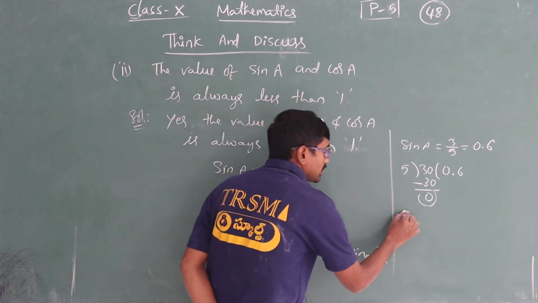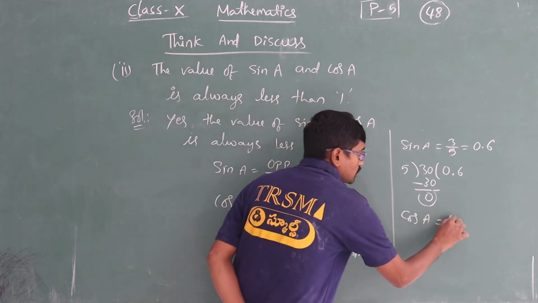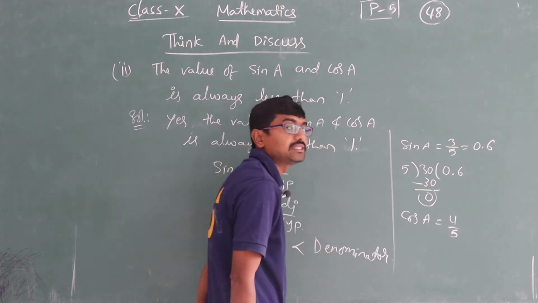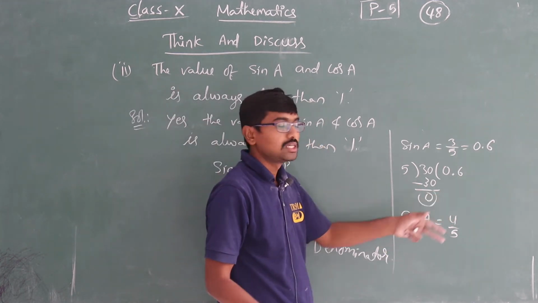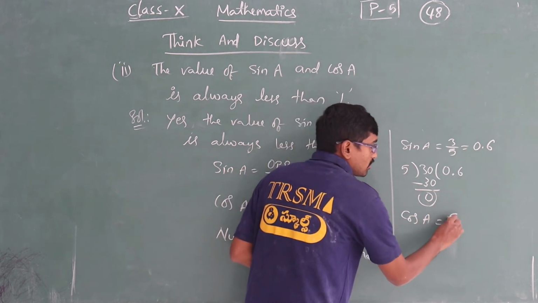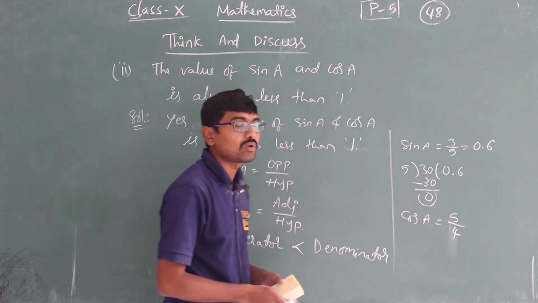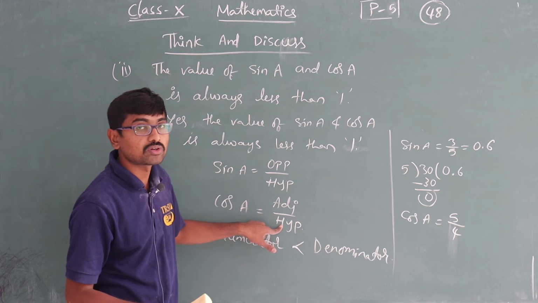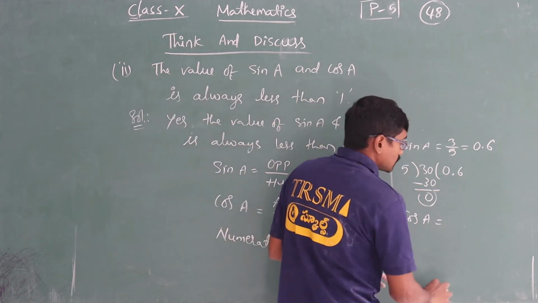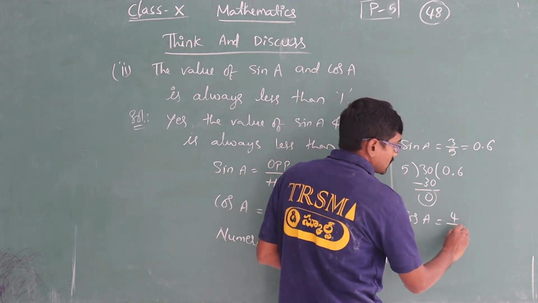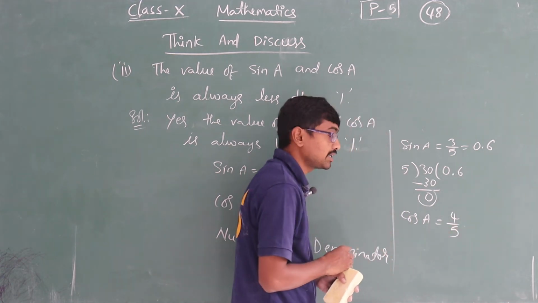Similarly, if I take cos A is equal to 4 by 5, is it a possible condition? Yes, it is possible. I can't write 5 by 4. Why? Because in the denominator the hypotenuse should be greater than any other side. So in the numerator we will have the smaller side, and in the denominator the greater side.